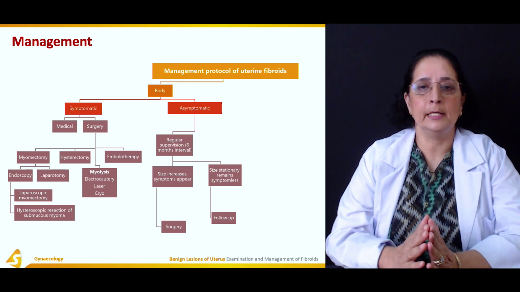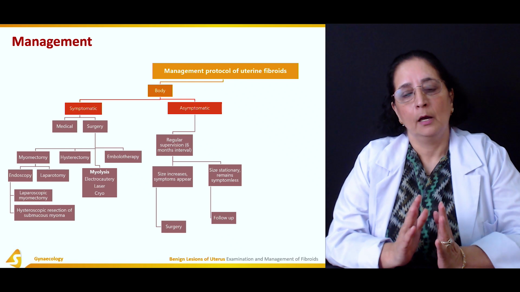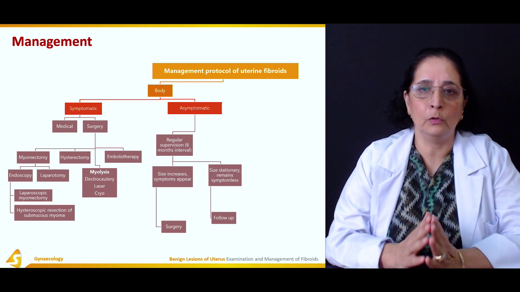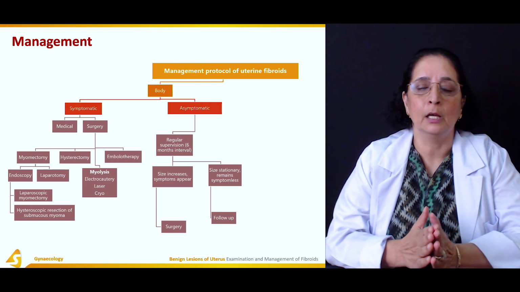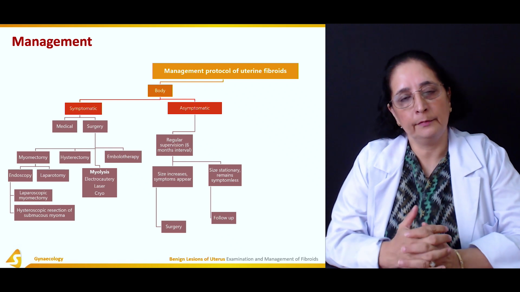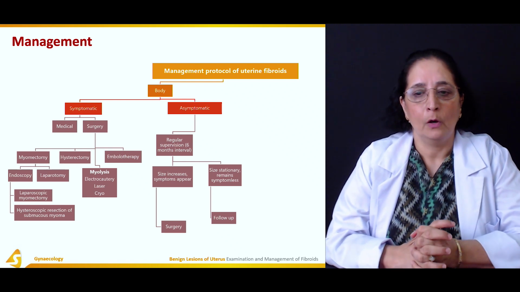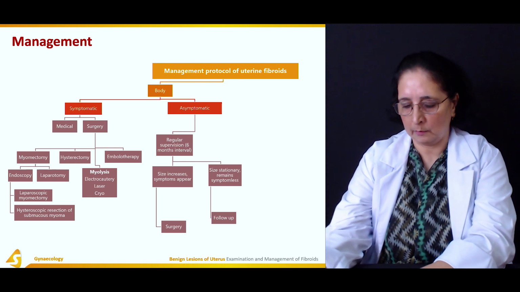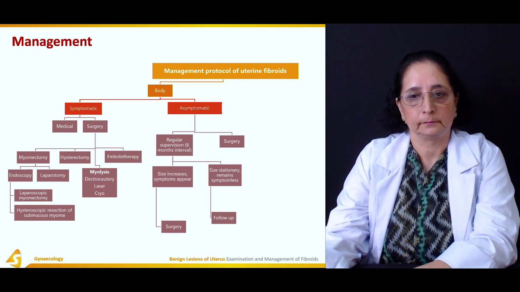So treatment again depends on symptoms of the patient. If asymptomatic, do the follow-up. If the size is increasing or if the symptoms appear, then we do the surgery. If the size stays the same or if the symptoms don't appear, then we do the regular follow-up of the patient.